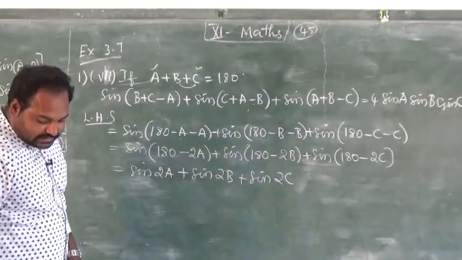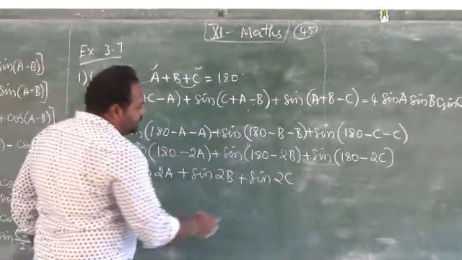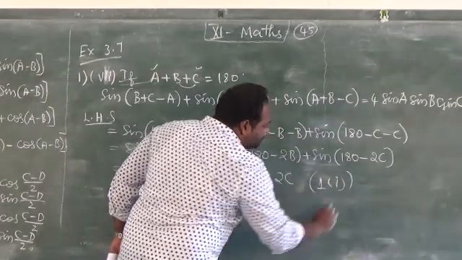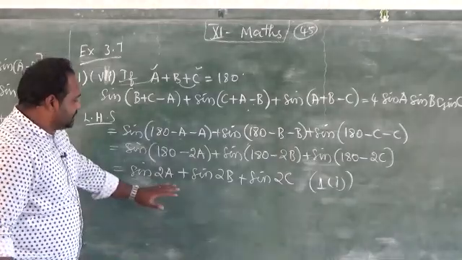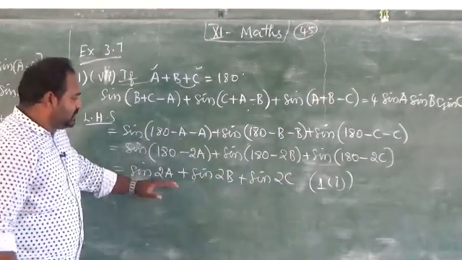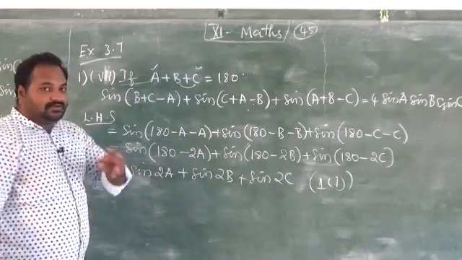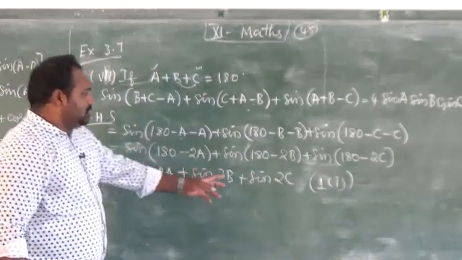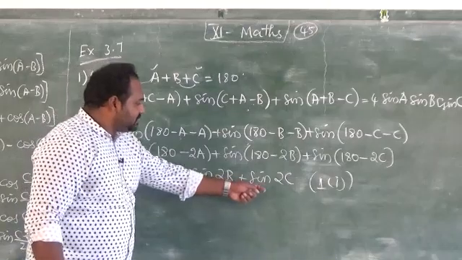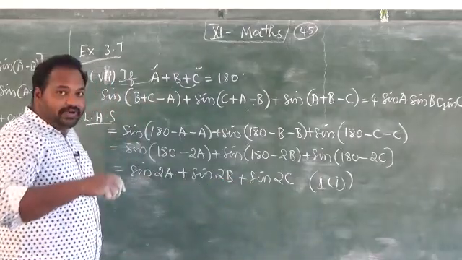If you see this question, you can remember question number 1, subdivision number 1. Already we have done this problem in subdivision number 1, the very first problem: sin 2a plus sin 2b plus sin 2c equal to 4 sin a sin b sin c, already we have proved it.